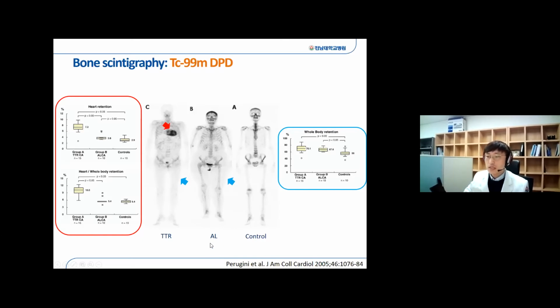And interestingly, the soft tissue uptake was elevated in the AL type cardiac amyloidosis as well as TTR type. So soft tissue uptake increase can be a pathological marker for diagnosing cardiac amyloidosis regardless of the subtype.